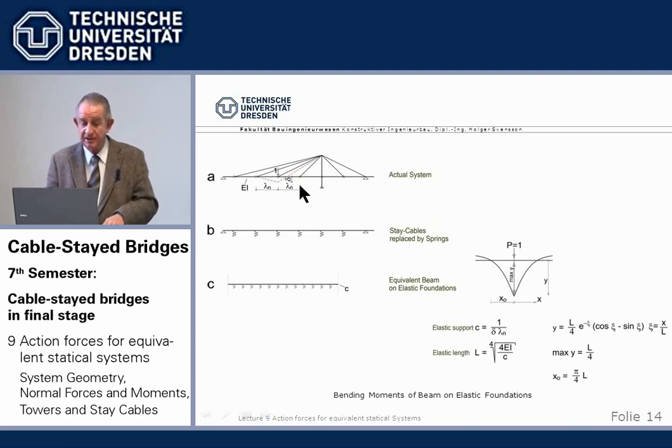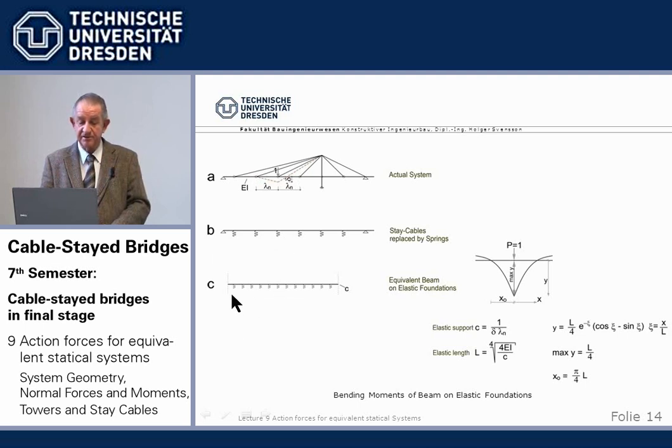Well, in the first step, we replace the elastic supports the stay cables provide for the beam by springs with the same stiffness. And then we smear out the individual springs to a continuous elastic support.